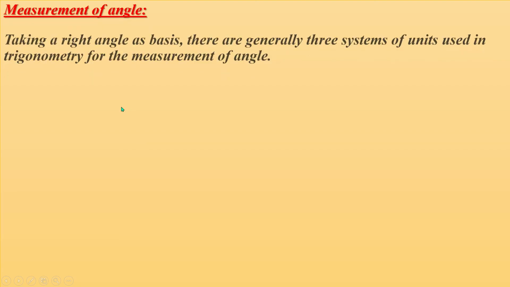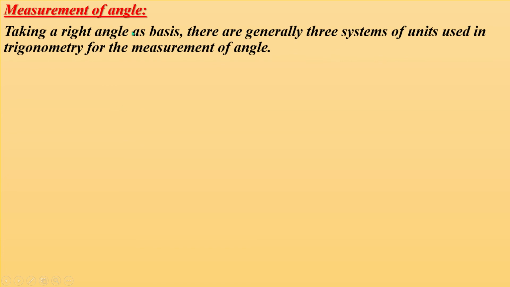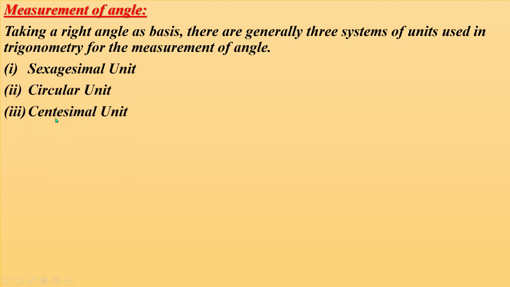Measurement of angles. Taking a right angle as basis, there are generally three systems of units used in trigonometry for the measurement of angle: 1, sexagesimal unit; 2, circular unit; 3, centesimal unit.